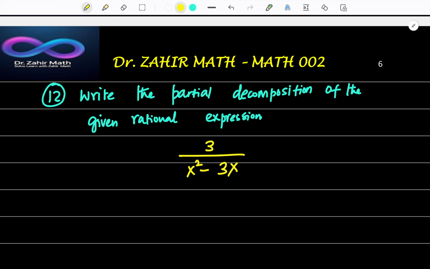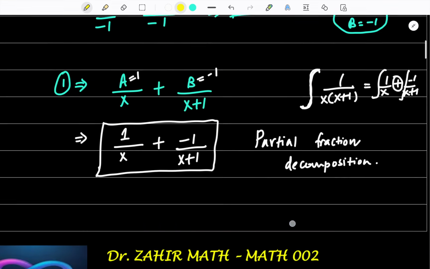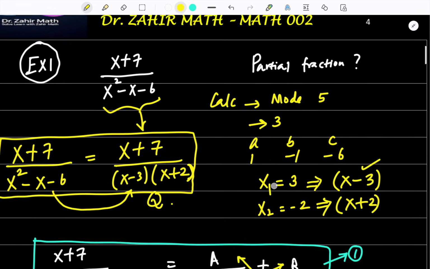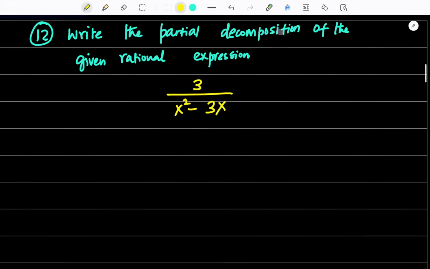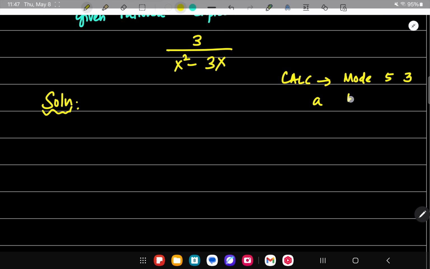Okay, let's do the next question. Question number 12. Write the partial fraction decomposition of the given rational expression. In the first question I did x into x plus... Now this is x square minus 3x. So let's go to the solution. Take your calculator, all of you, and choose mod 5 and then 3. When you take mod 5, 3, you will get a, b, c.